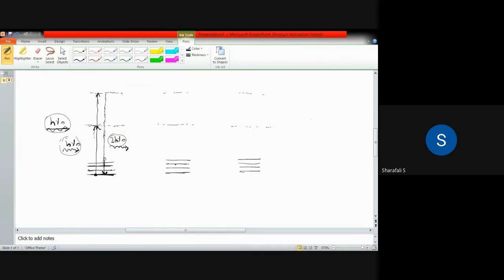And the second case is that this same molecule is going to this energy level. And when it comes back, let's say it is reaching somewhere here.